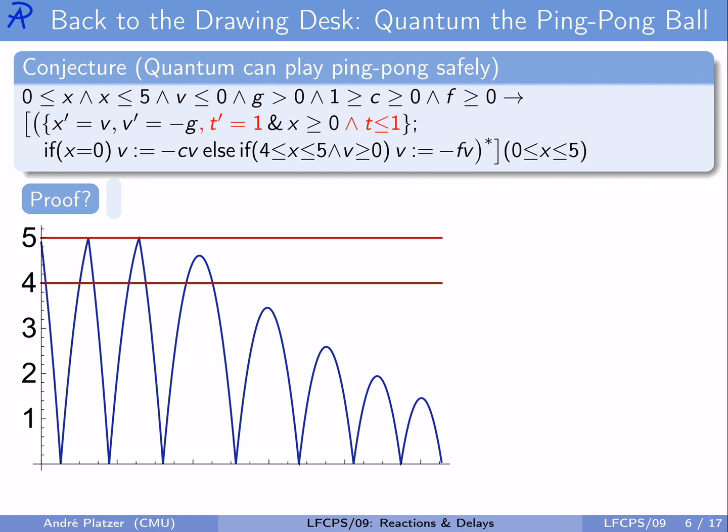Okay, good. So we have a differential equation, t prime equals 1, that says time is changing, in addition, simultaneously, while the position and the velocity are changing, and we bound the evolution domain constraint such that we're not just above ground all the time, but also time is at most 1 all the time. So for example, we could be falling here until maybe here the time is 1.